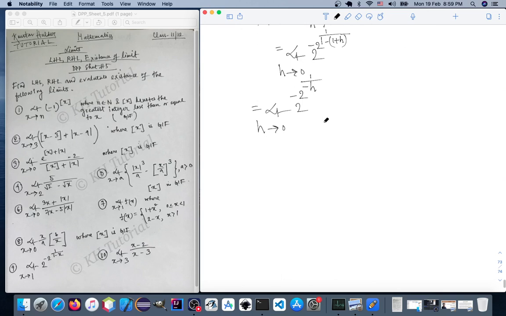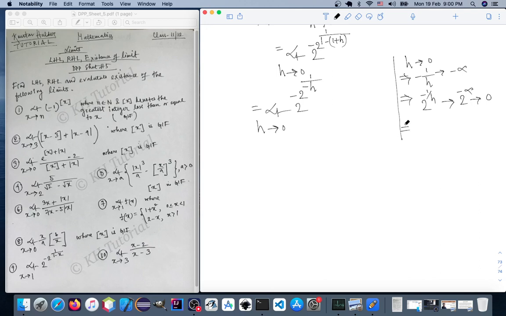Okay. So h tending to 0 implies 1 by h tending to infinity. This implies 2 to the power minus 1 by h tending to 2 to the power minus infinity, tending to 0.